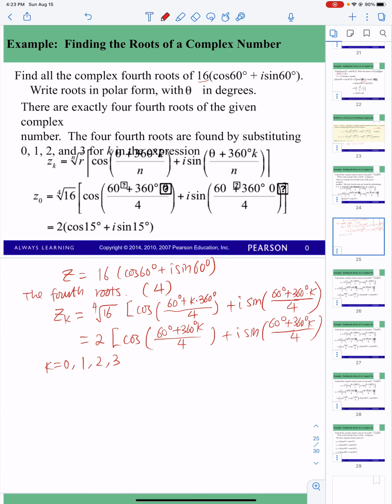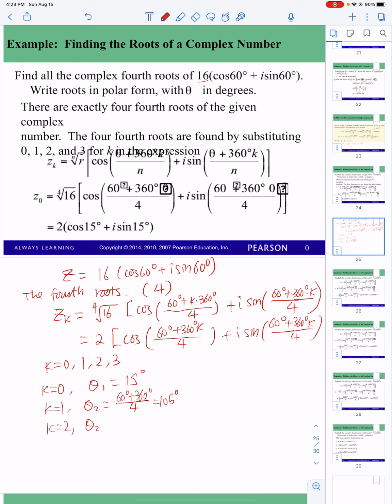So when k equals 0, what will your theta 1 be? 0 is gone, so it's 15 degrees. When k equals 1, your theta 2 will be 60 plus 360 over 4. So that is 105 degrees.